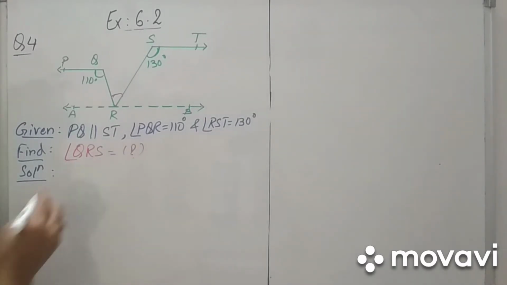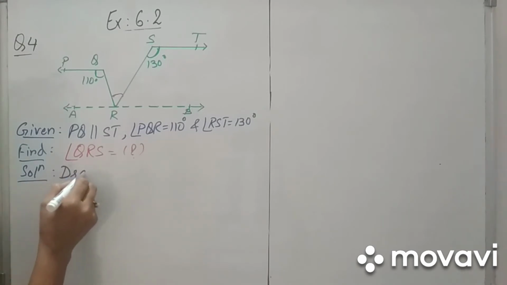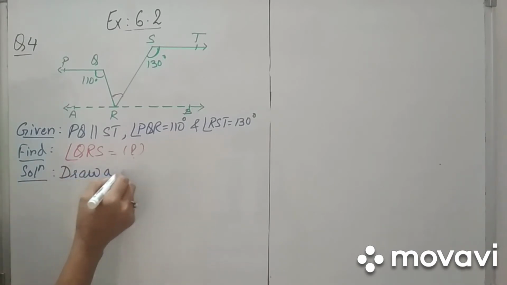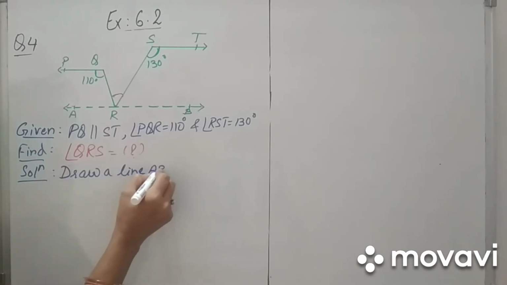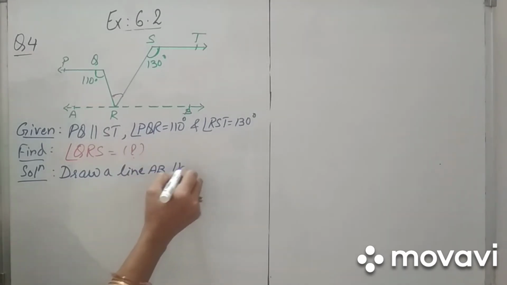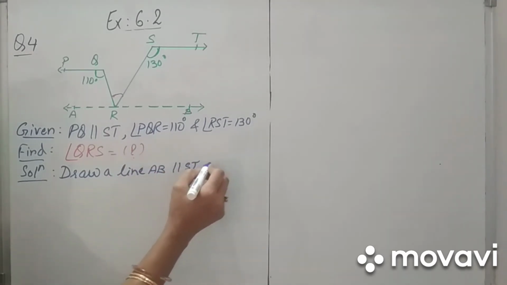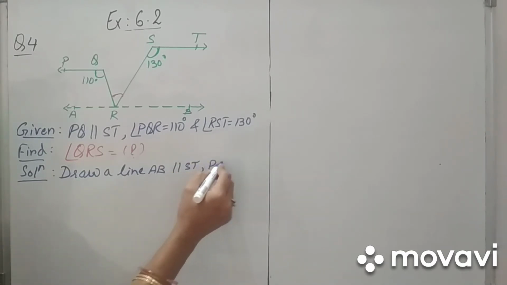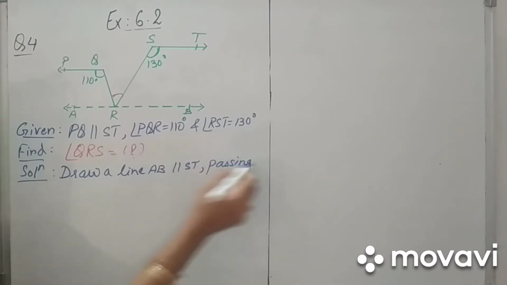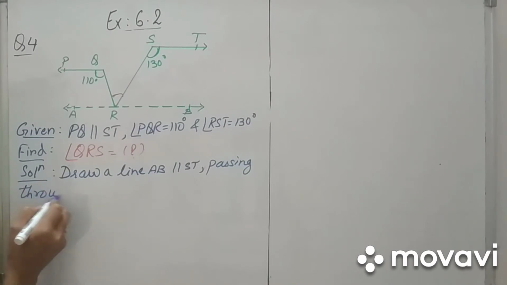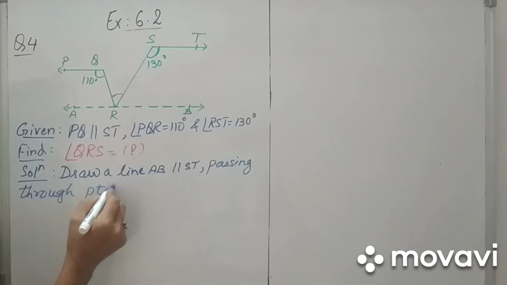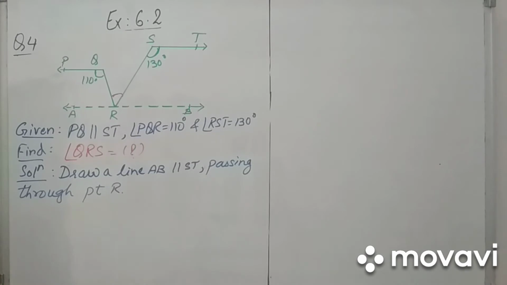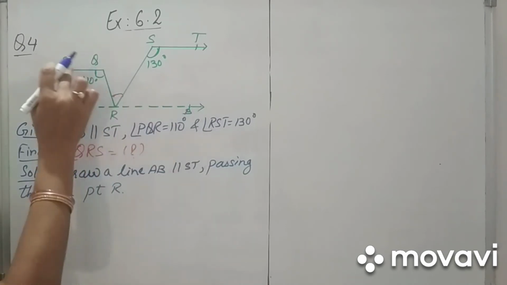So let us write. Draw a line AB parallel to ST passing through point R. If we have written like this, then what can you say about AB and PQ?